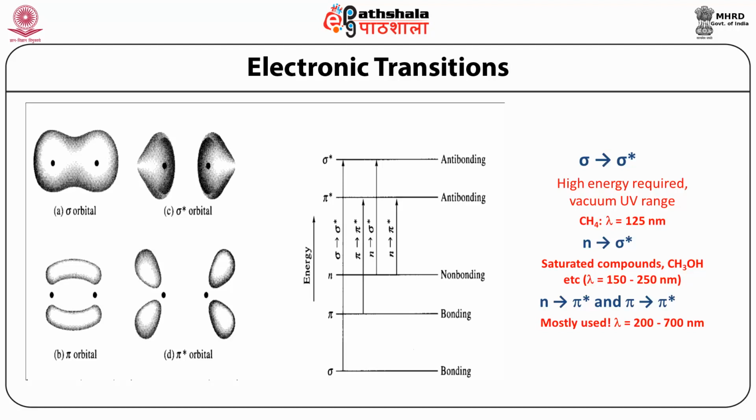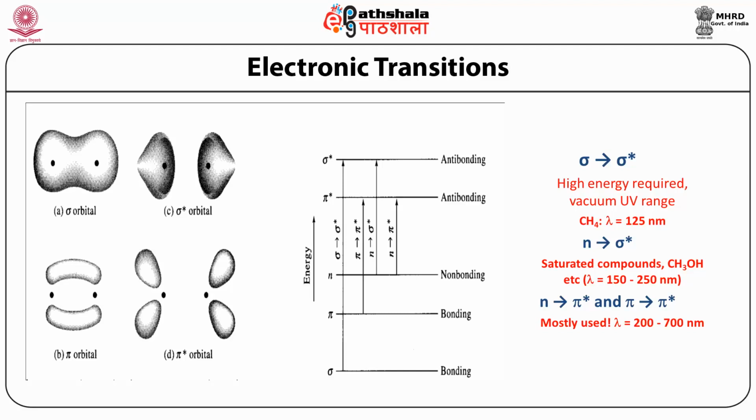These transitions need an unsaturated group in the molecule to provide the pi electrons. Molar absorptivities from n to pi star transition are relatively low and range from 10 to 100 liter per mole per centimeter. Pi to pi star transitions normally give molar absorptivity between 1000 and 10,000 liter per mole per centimeter.